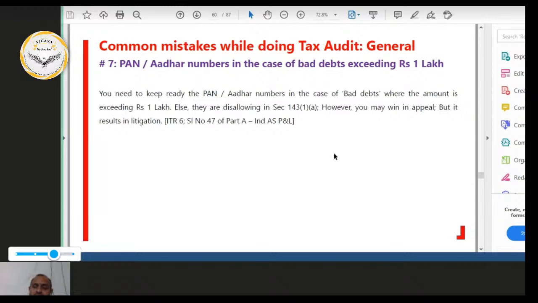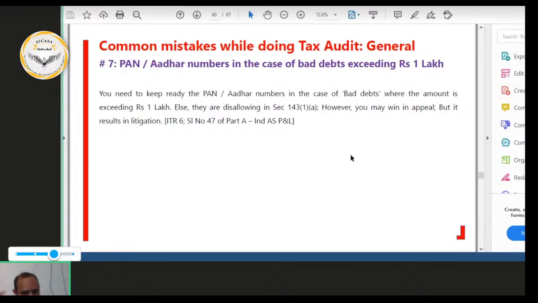Then, if you see the ITR, it is asking for PAN or Aadhaar number in the case of bad debts exceeding 1 lakh. See, in the law it is not there. If in the opinion of the assessee it is treated as a bad debt, then it is allowed as a deduction, subject to the fulfillment of 36(1)(vii), assuming that is fulfilled.